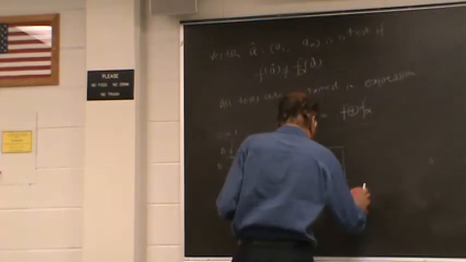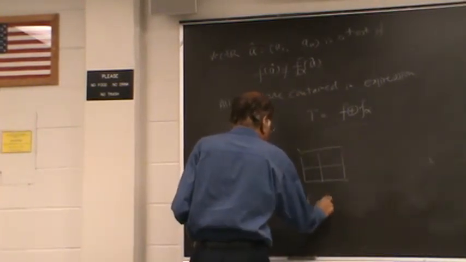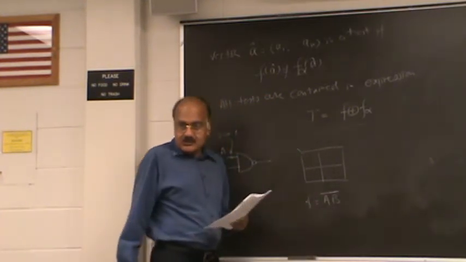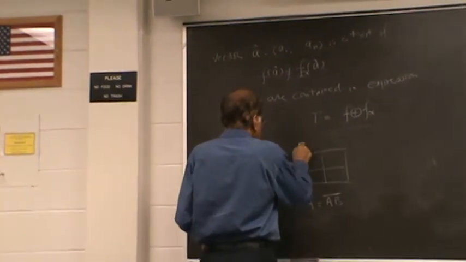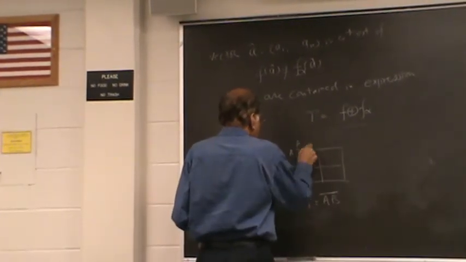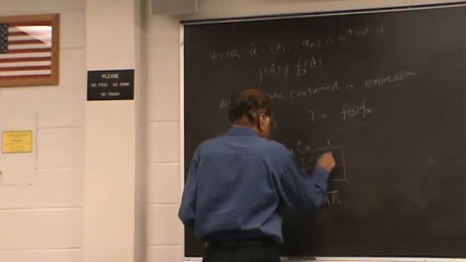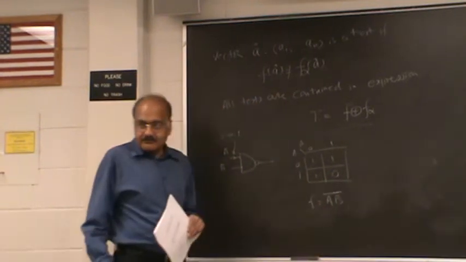And as you know, the normal function is f equal to (ab) bar. This is a NAND gate. In other words, in a Karnaugh map, we have, this is a NAND gate, right?